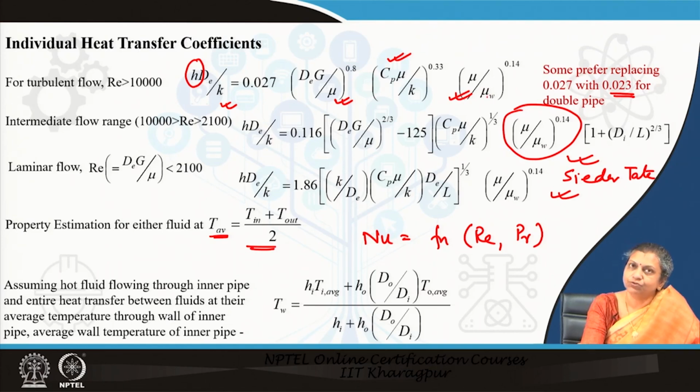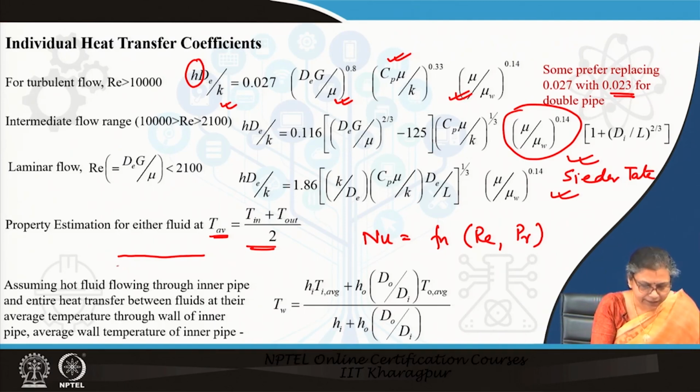So, what you need to do for this is find out the average wall temperature. It is very simple. If this is the wall, again from the heat transfer equation, on one side say the inner fluid is flowing, on the other side say the outer fluid is flowing, right.